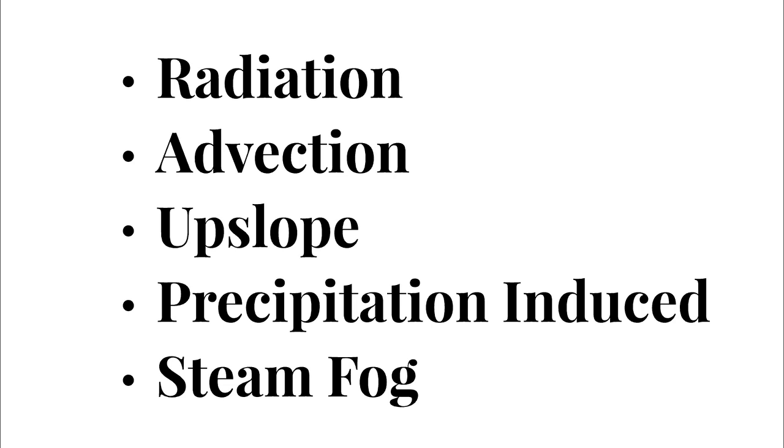One of the best examples of that would be where the Golden Gate Bridge is. So kind of think of advection fog as your Golden Gate Bridge fog, because it's what happens when you get a warm, moist air mass created out over the Pacific Ocean there that gets blown inland.